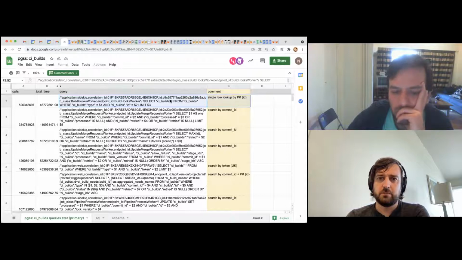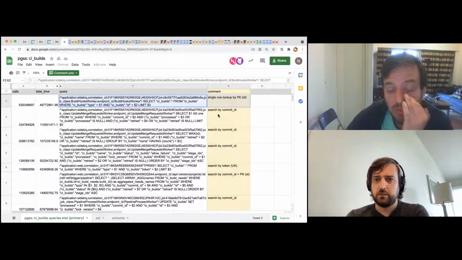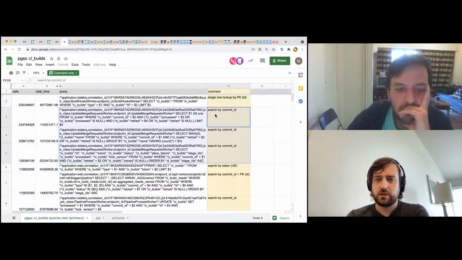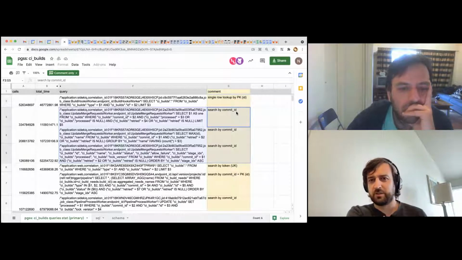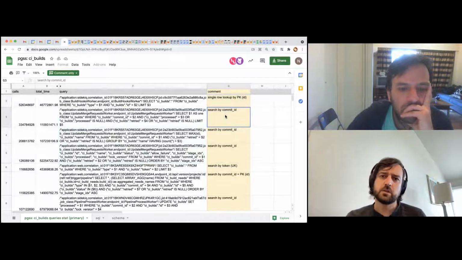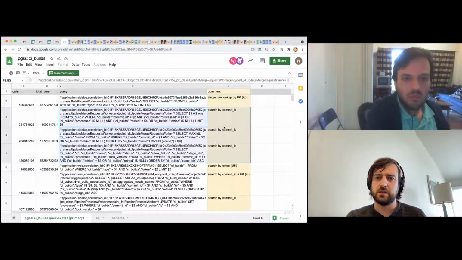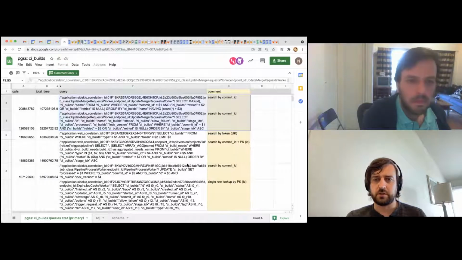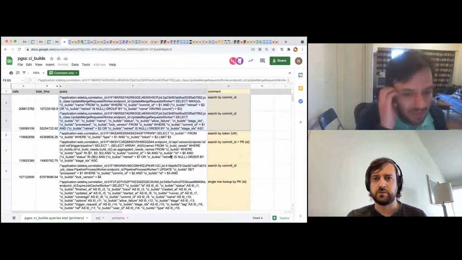So we have some queries which are basically primary key lookups based on ID, and many queries search by commit ID, which, as I understand, is not a commit ID, it's a pipeline ID, right? Because I see a foreign key to the pipelines table. So this commit ID is something special, as I understand, when we work with CI builds.